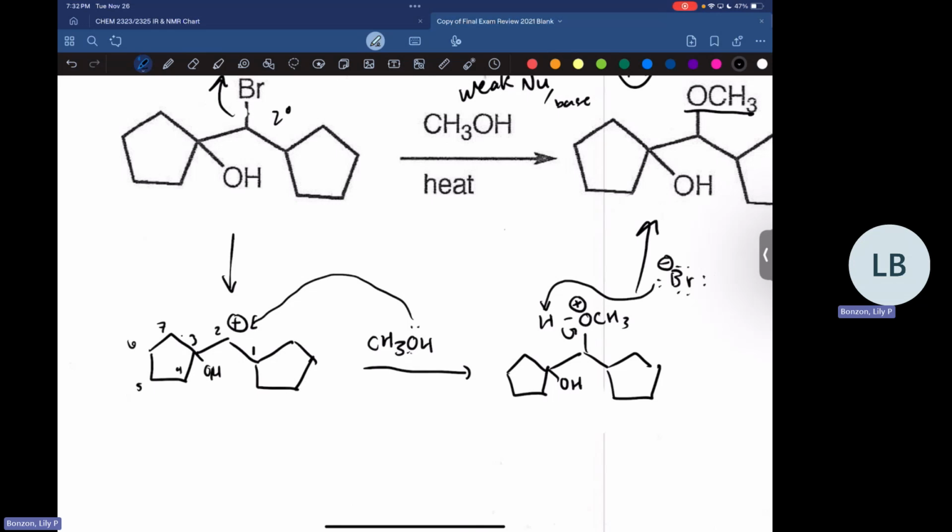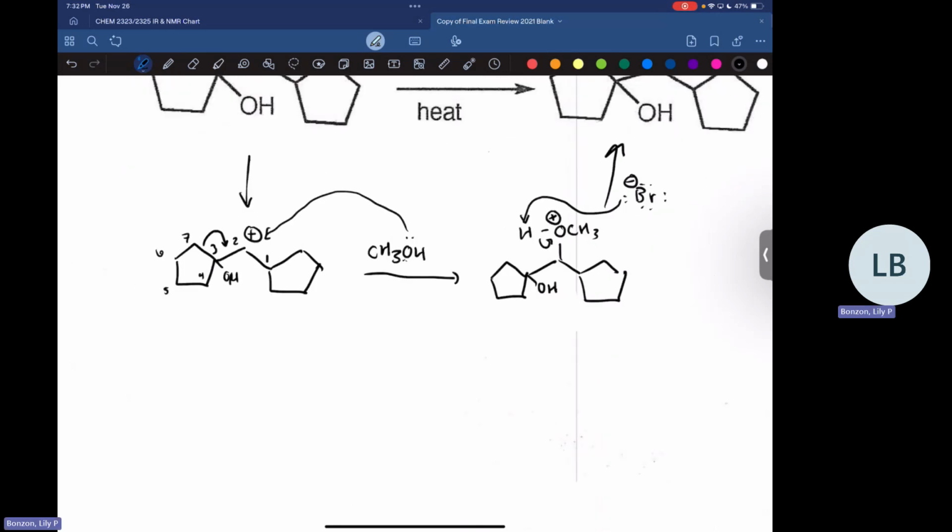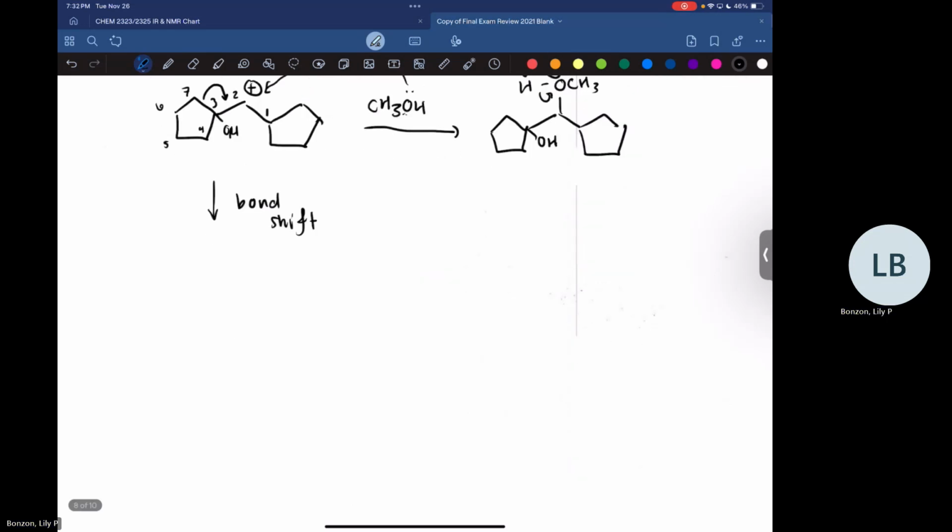So I'm going to show this bond right here coming in and attacking the carbocation. So this would be a bond shift. So then, the product of that, we are going to have a 6-carbon ring now. This one will be attached to the cyclopentane. This was carbon 2, this was 7, this was 1. So now carbon 3 is going to have my OH.